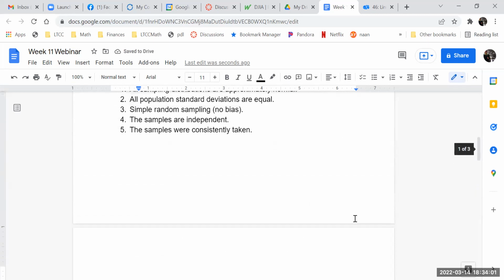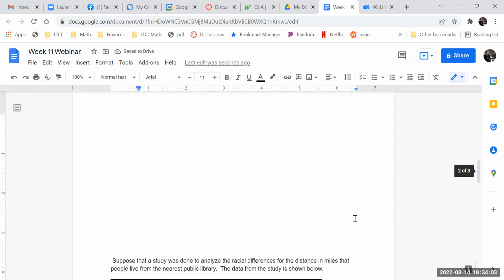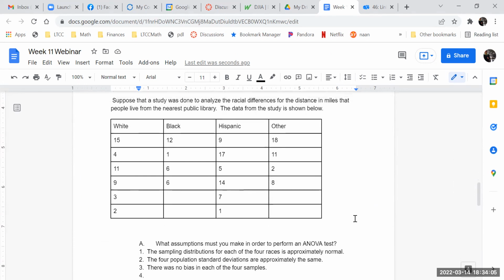Okay, let's look at number 4. The samples are independent. Are these independent? We can't say for sure, but most likely. This kind of survey, it's not the kind of thing that would be dependent.